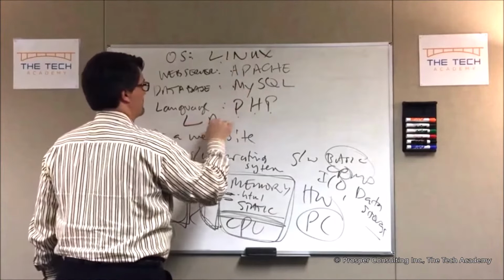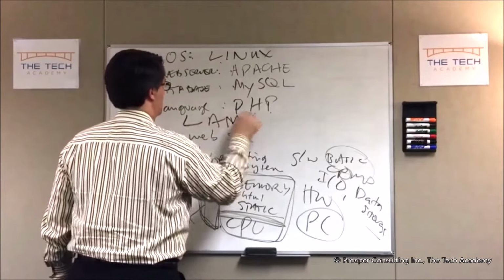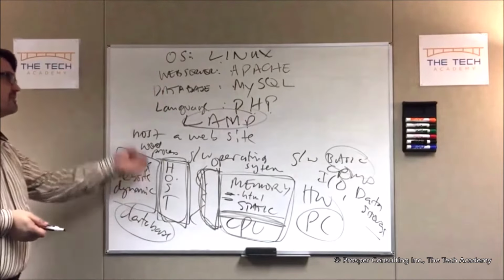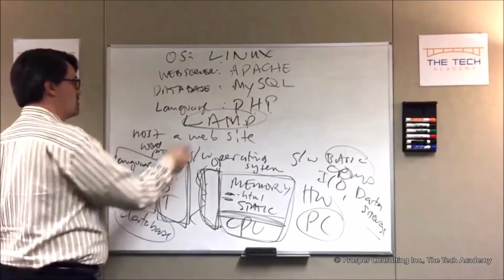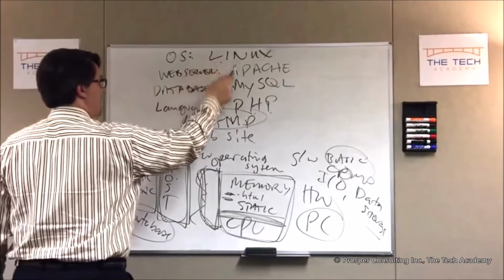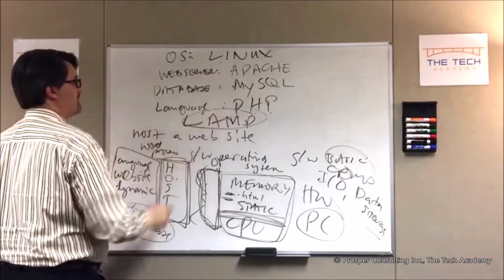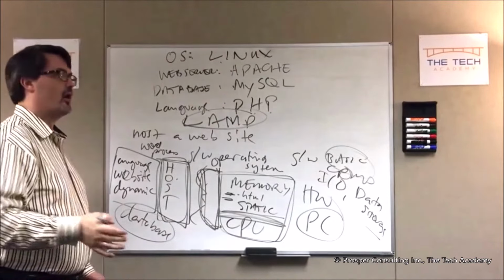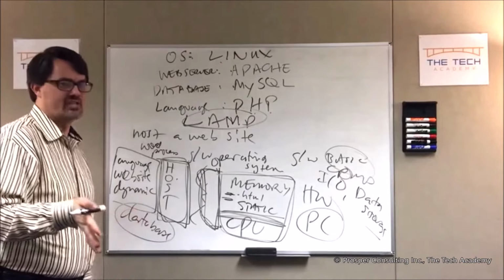LAMP. It's called the LAMP stack. It contains everything you need to host and serve up web pages, to host websites. Linux, Apache, MySQL, PHP, LAMP stack. It's just a slang term now, and that's what they mean. Are you able to develop on the LAMP stack?